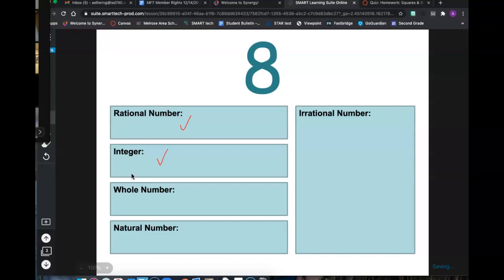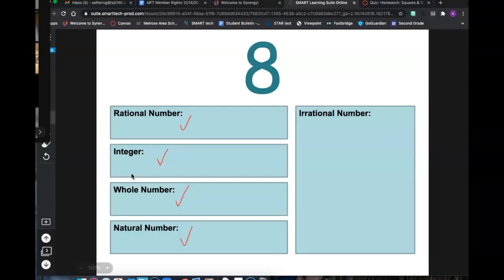Is 8 a whole number? Yes. And is it a natural number? Can we naturally count to 8? Yes. So the number 8 would go in all 4 of those categories. Now, it's not an irrational number, so I can't put it in that category. Does this make sense? Does that make sense to everyone?